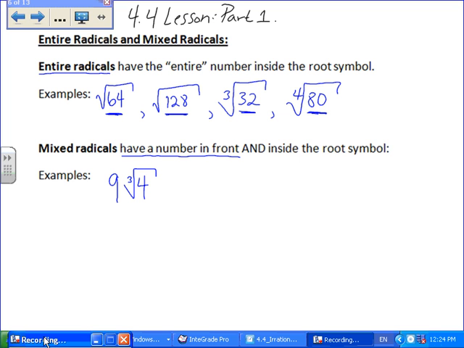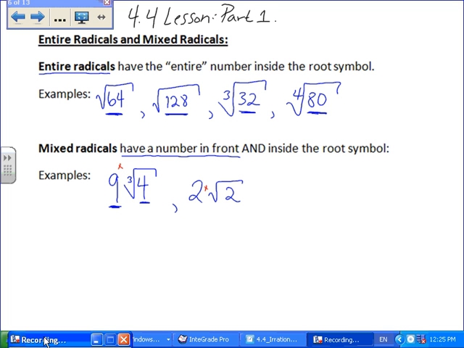That's a mixed radical because some of this number is inside the root symbol and the other part of this number, of the product, is outside and it's not being cube rooted. Another example is 2 square root of 2. When you see numbers together like this, it actually is telling us that we're multiplying them together. So 9 times the cube root of 4, 2 times the square root of 2.